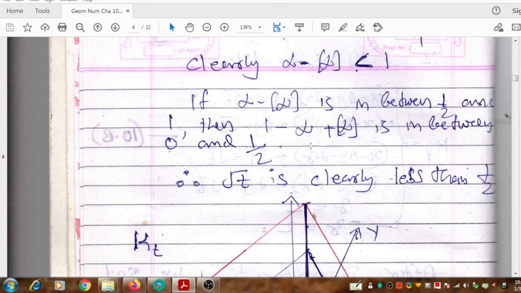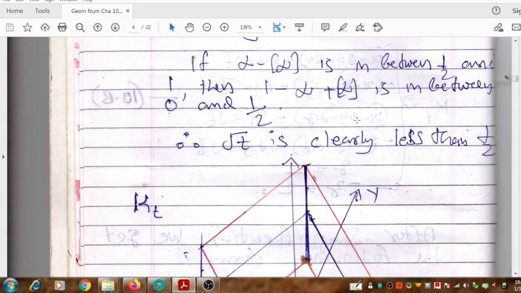The other situation is 0 less than alpha minus alpha in square bracket, the number alpha minus alpha in square bracket is between 0 and 1 by 2, or less than 1 by 2 and greater than 0.